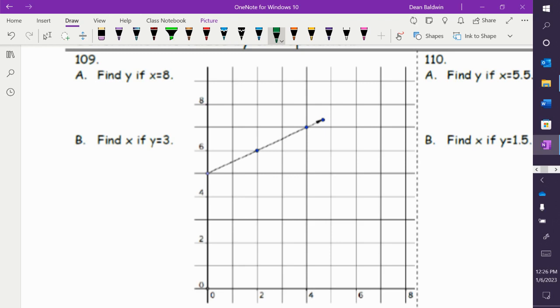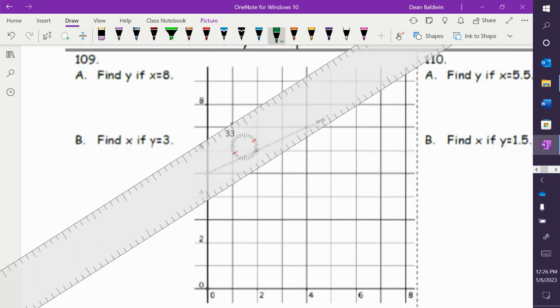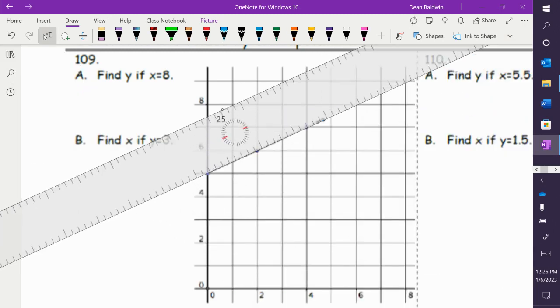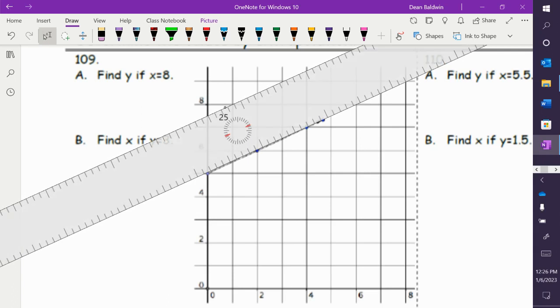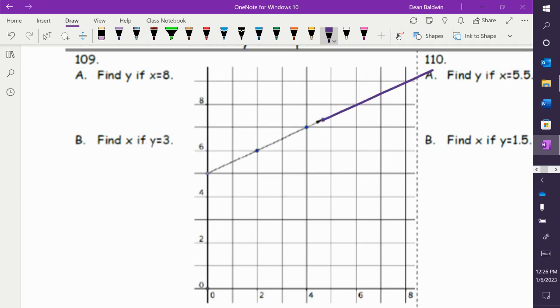You have to extend your data points, extend the line. So if we extend it, and x is 8, y is going to be 9, because it's right there.